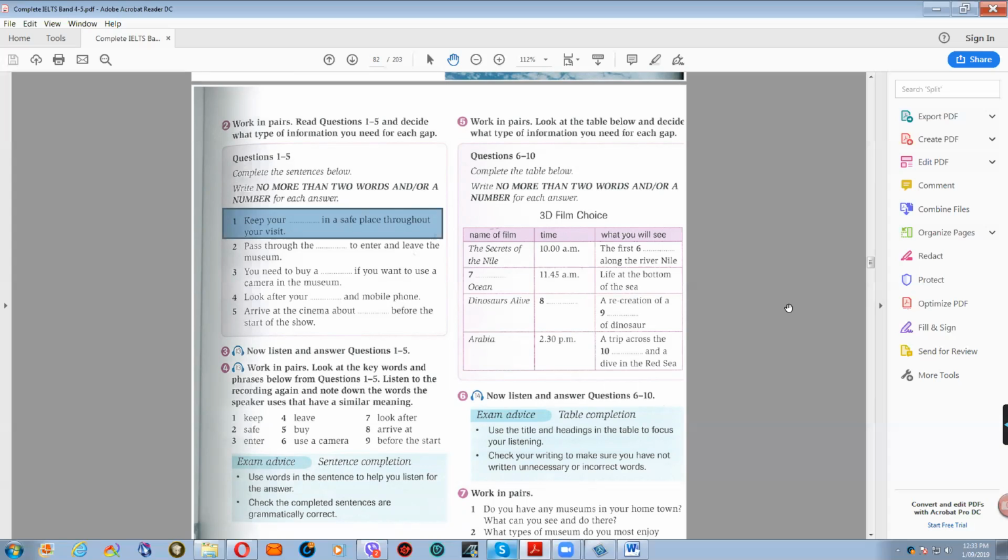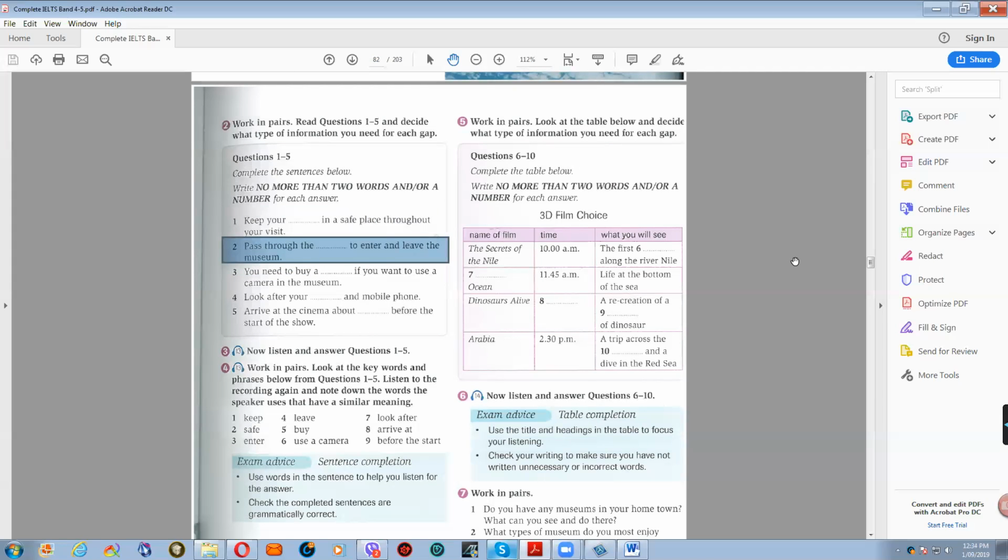Valuables. Or cameras, wallets, purses, handbags. Yes? Pass through the what? Door, pass the door. I think it's actually turnstile or entry point, exit point. Don't go out the emergency exit, that sort of thing.